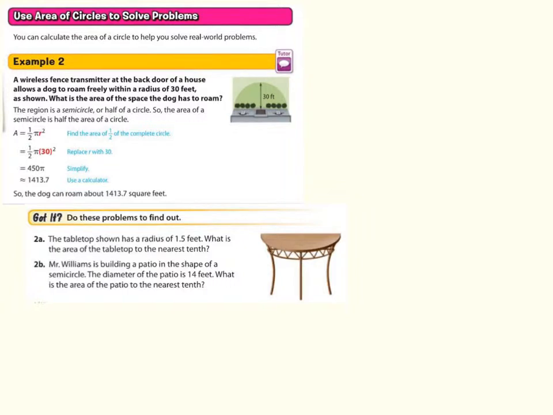Okay, so let's go down to the got it questions. The tabletop shows a radius of 1.5 feet. What is the area of the tabletop to the nearest tenth? Again, using your calculator, we're going to find the actual area of the whole entire table. Okay, and then just take half of it. So the easiest way to do that is just to do this in your calculator and then press enter.